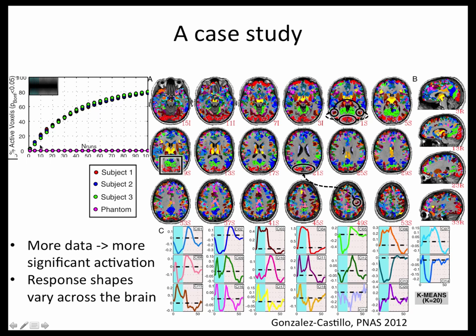So there are 2 big findings in this paper. One is that more data means there's more significant activation. The second big finding is that the response shapes vary across the brain. So this is a block design. This classic BOLD response is what you expect most. We clustered across the whole brain and showed that there are spatially contiguous clusters that have different shapes. So sometimes instead of going up and down, it goes down and up.